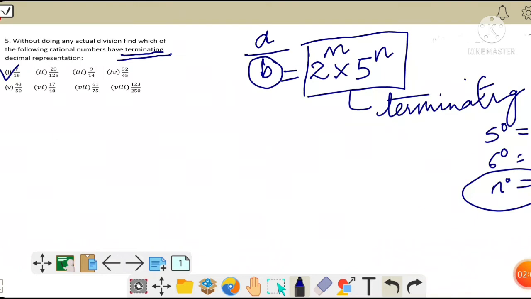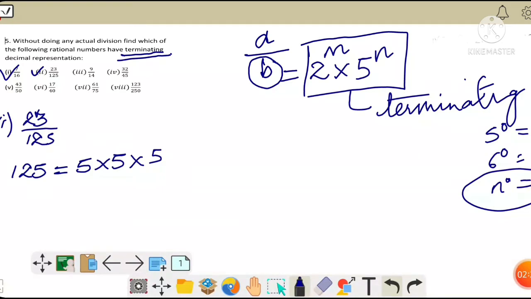So let's do the next question, question number 2. It is 23 by 125. In the denominator, the number is 125 and we can write 125 as 5 5s are 25, 25 into 5 is 125. So you can see there are 3 5s, so 1 plus 1 plus 1 will be 3. So it is 5 cubed. It is in the form 5 to the power n.